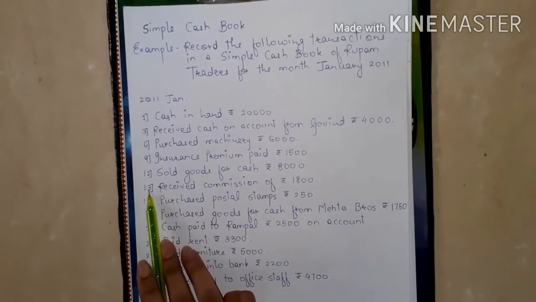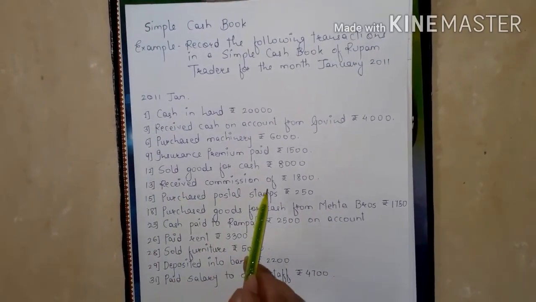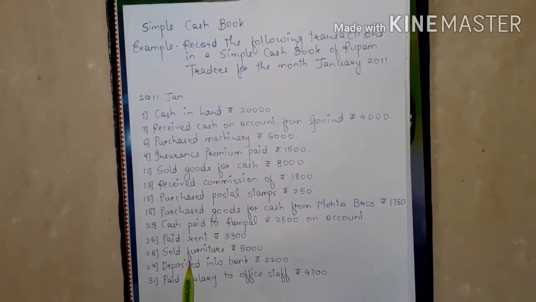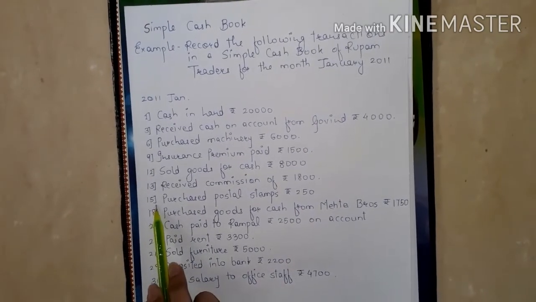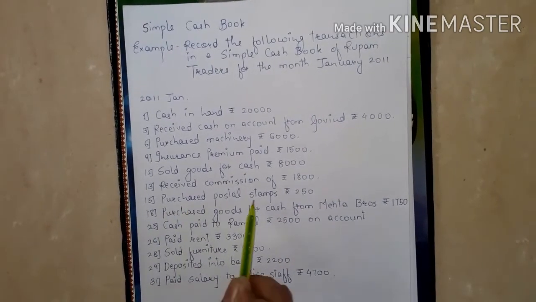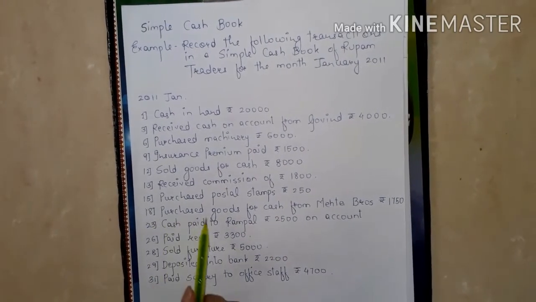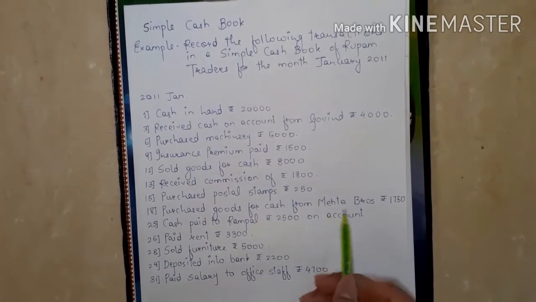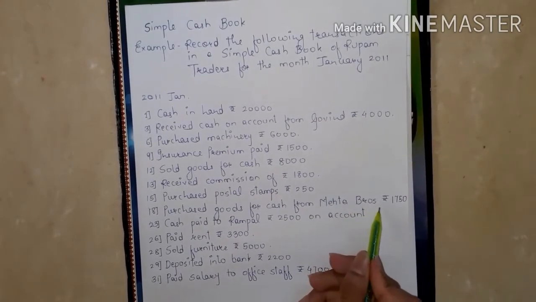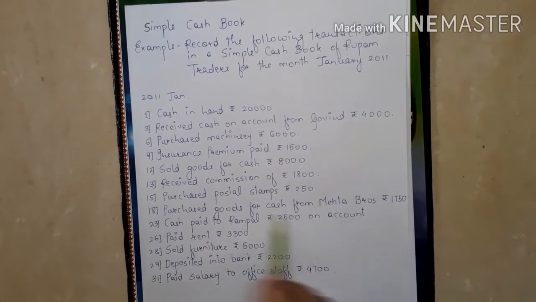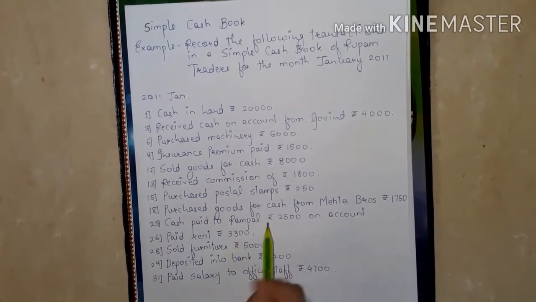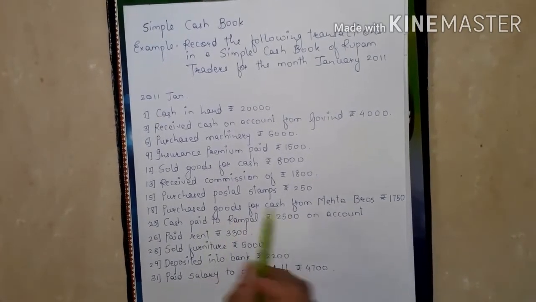On 13th January, received commission of rupees 1,800. 15th January, purchased postal stamps rupees 250. Next, purchased goods for cash from Mehta Bros rupees 1,750. Again, the same meaning of purchased goods for cash.